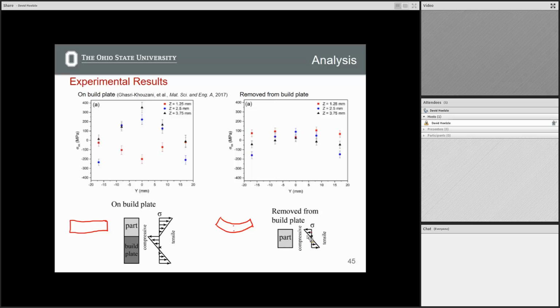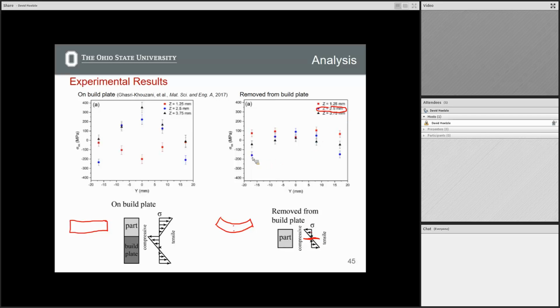Now, if we were to look at this from purely a beam bending problem, you'll see that the neutral axis is always at the center of a beam when we have a uniform cross-section. It's not so neat and clean when we have actual experimental results and actual parts, but we have reasonable amounts of that. You can see that at the center, this is Z equals 2.5. This is a 5 millimeter thick part.